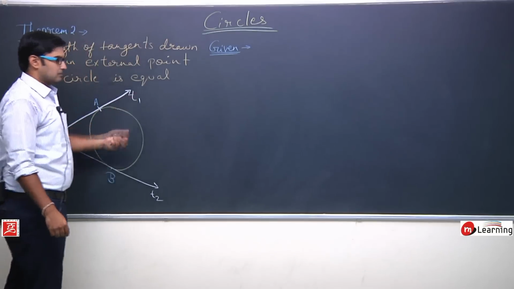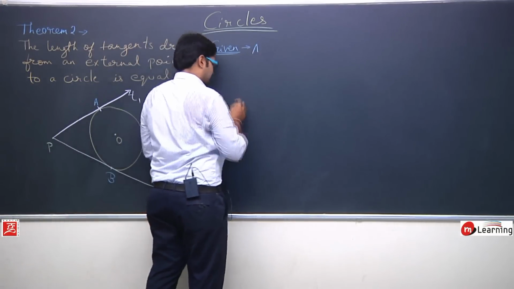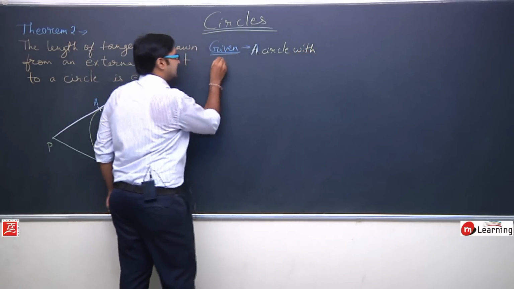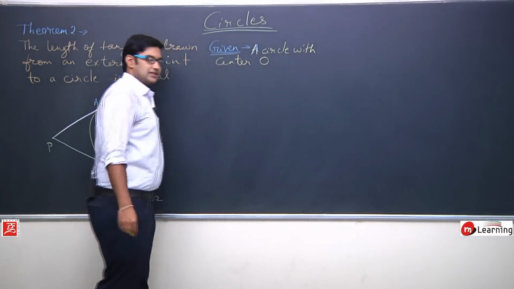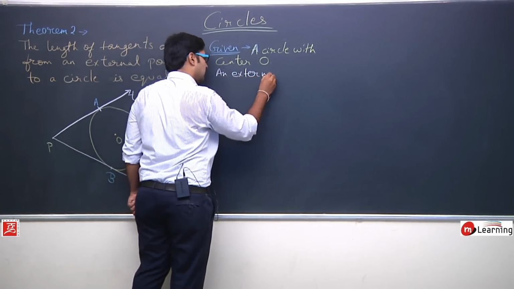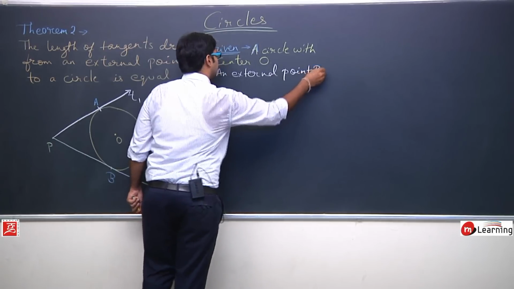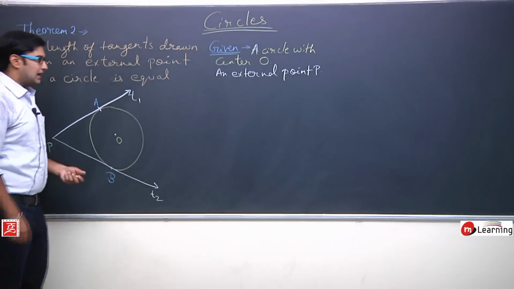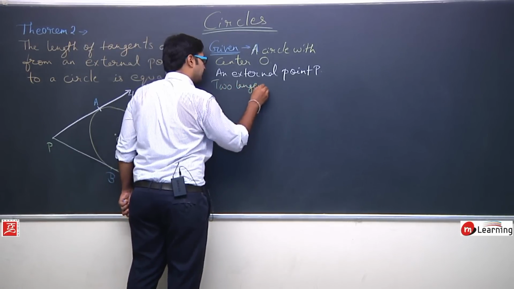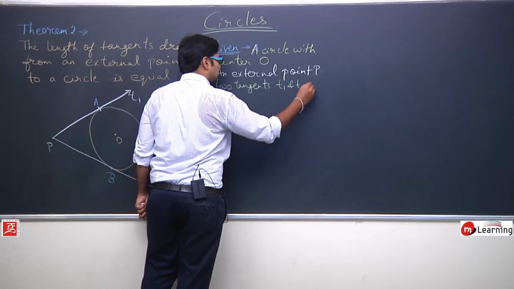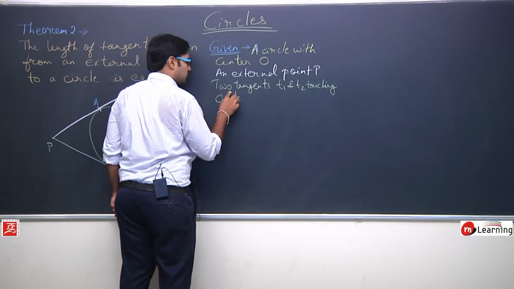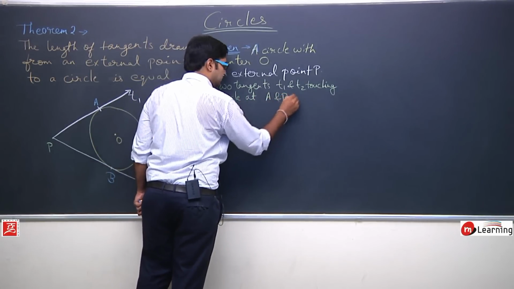Now what is given in this theorem? You are given a circle with center O. There is a circle with center O, then an external point P. Okay, and you are given an external point P and 2 tangents T1 and T2 touching the circle at A and B respectively.